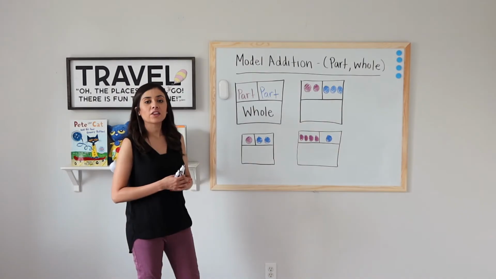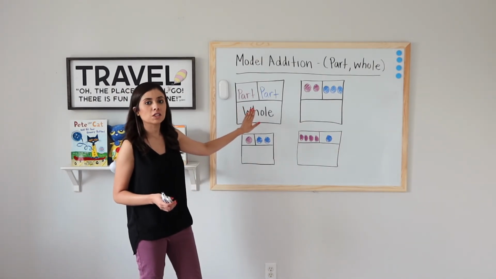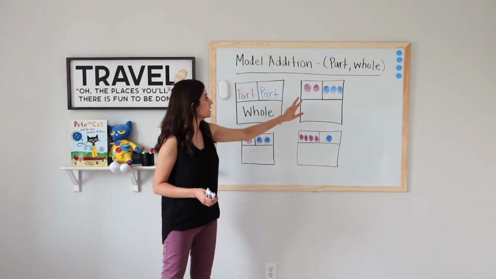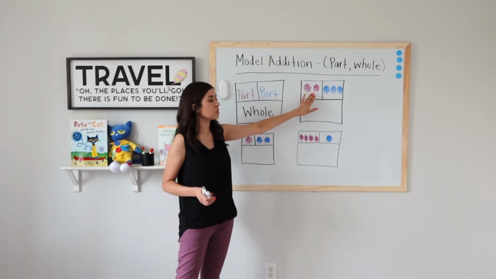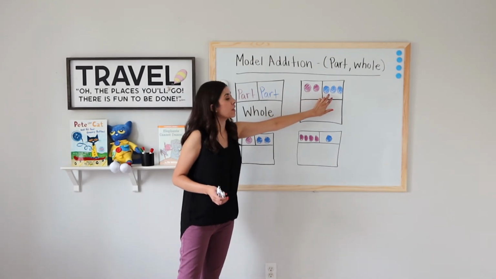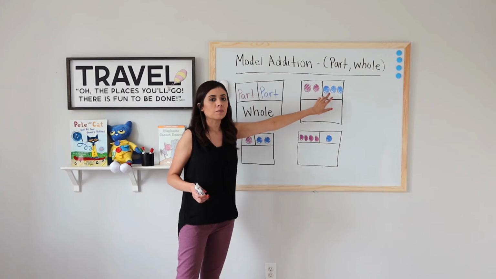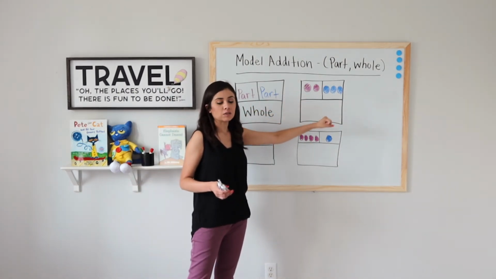Very good job. Another way to use the part-whole chart is through pictures. So if you can see over here, instead of writing numbers, I drew circles. So I have 2 purples for one part and 3 blues for the second part. So what you can do is you can just bring all of these down together.